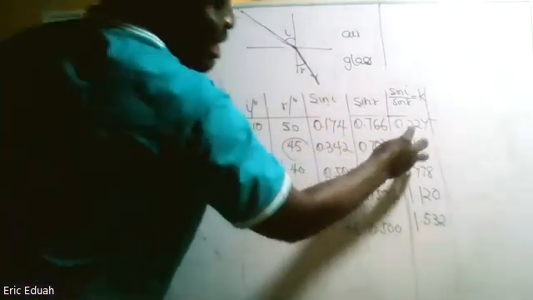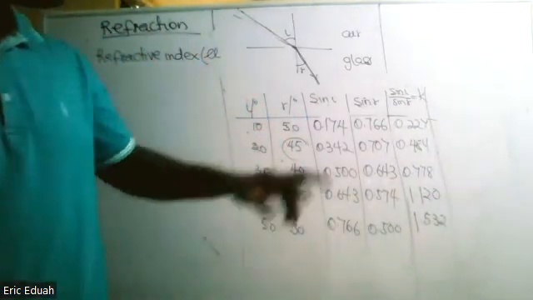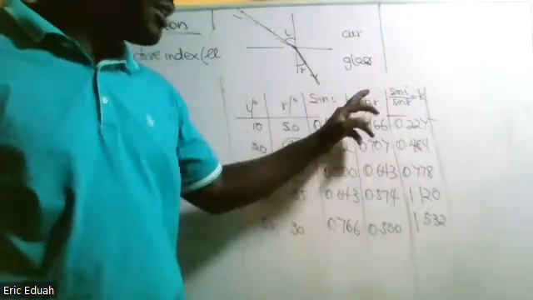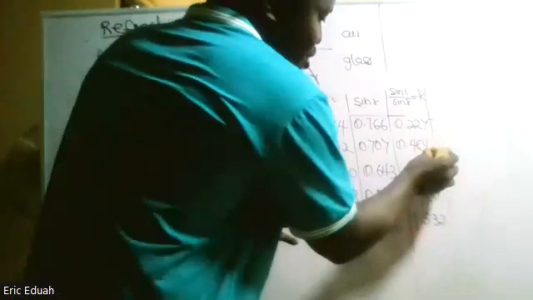That is what we mean when we say the ratio of the sine of I to the sine of R must be equal to a constant. This value must be constant.